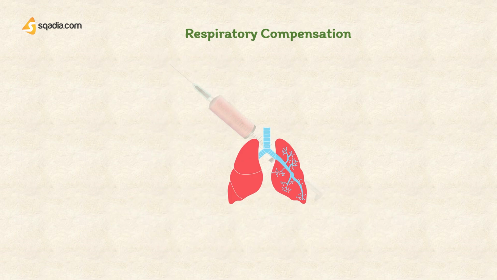Now, compensatory changes are very important when it comes to your exams, especially for the boards. So it's important to understand how each occurs. Respiratory compensation. The two ways in which the body tries to compensate through the respiratory system are hyperventilation and hypoventilation.